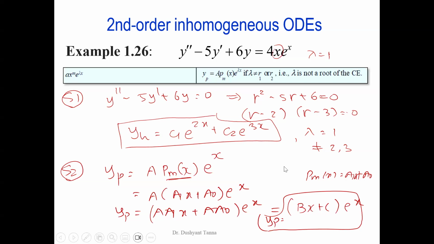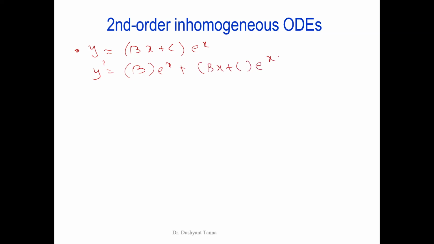Now, normal process, once we obtain our yp, we find y dash, y double dash, plug into the original equation, compare left and right side, and obtain our B and C, right? So I write y again, or yp, which is Bx plus C, e^x. y dash: Bx plus C differentiation is B, e raised to x, plus this thing.